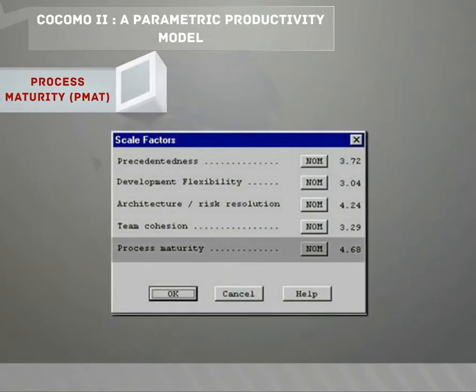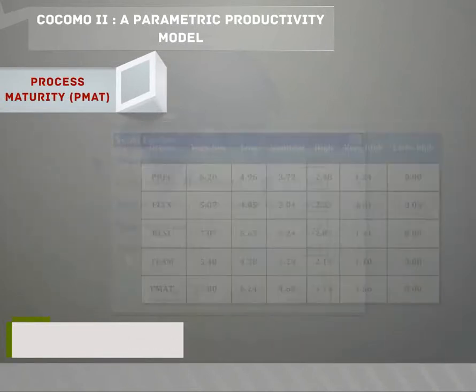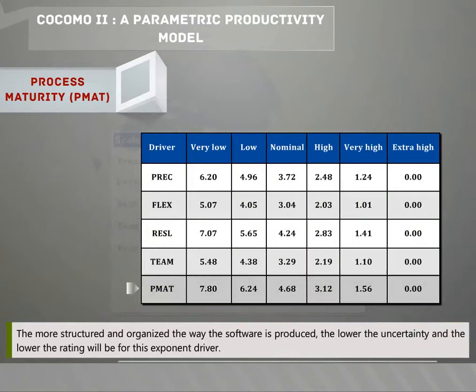Process maturity, PMAT. Software quality explains the process maturity model. The more structured and organized the way the software is produced, the lower the uncertainty and the lower the rating will be for this exponent driver.